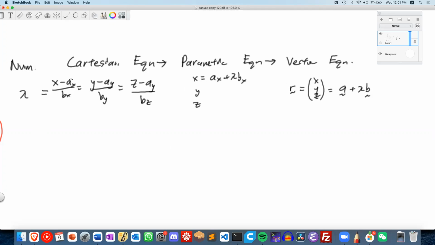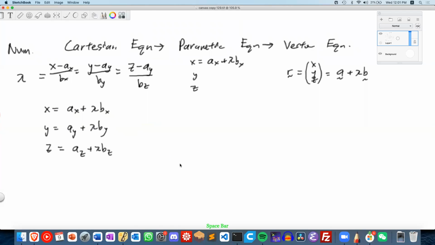Since ax and bx are constants that the question gives us, we know that x equals ax plus lambda bx, and y equals ay plus lambda by, and so on for z. And there we have it, we have the parametric equations. That's how to numerically convert the Cartesian equation to other forms of the equations of a line.